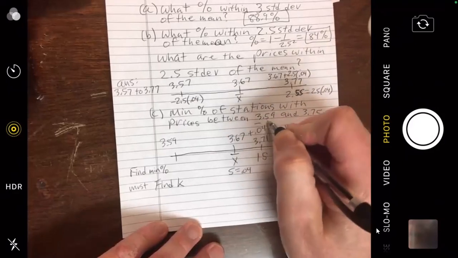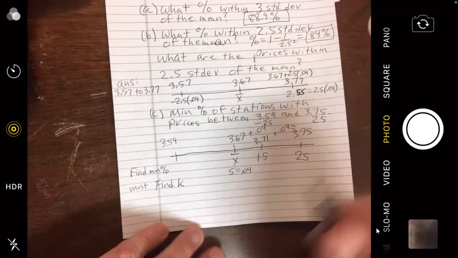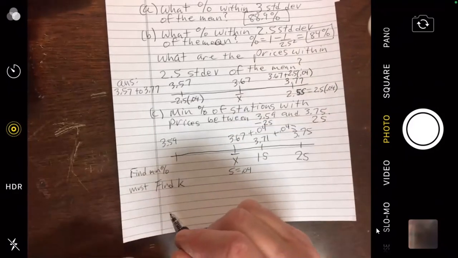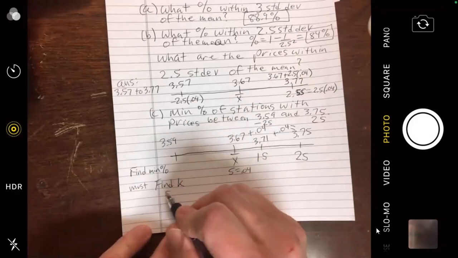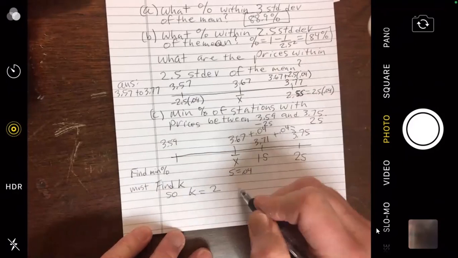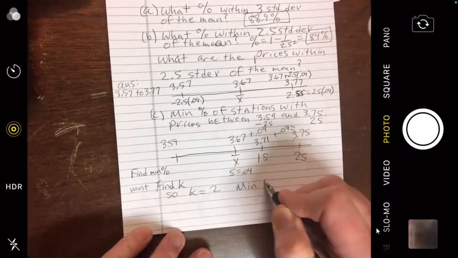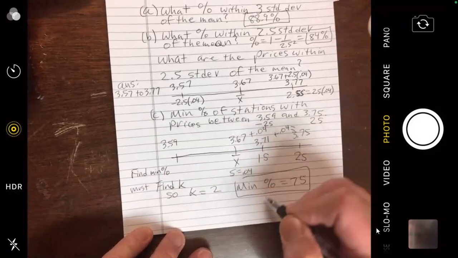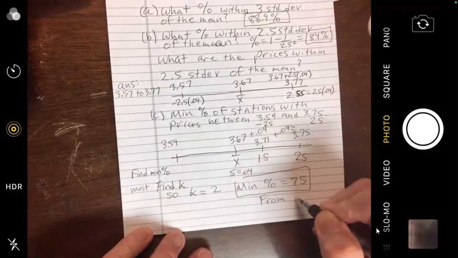This will be at 2 down. I don't really have to check it. They usually give you a symmetric interval. So K equals 2. Minimum percentage, 75 from the Chebyshev table.